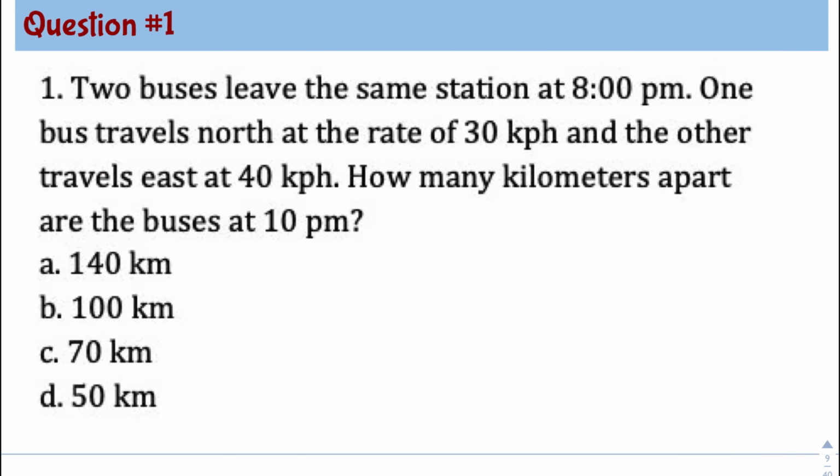Question number 1. Two buses leave the same station at 8 p.m. One bus travels north at a rate of 30 kph, and the other travels east at 40 kph.